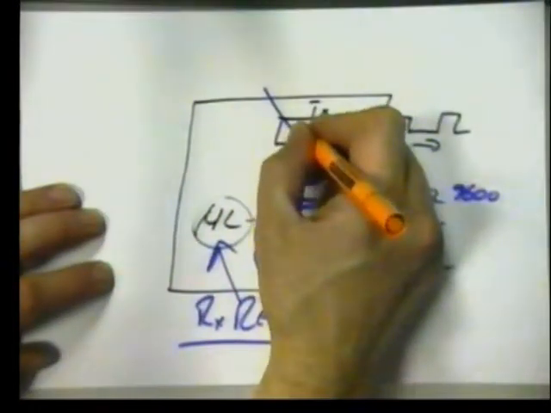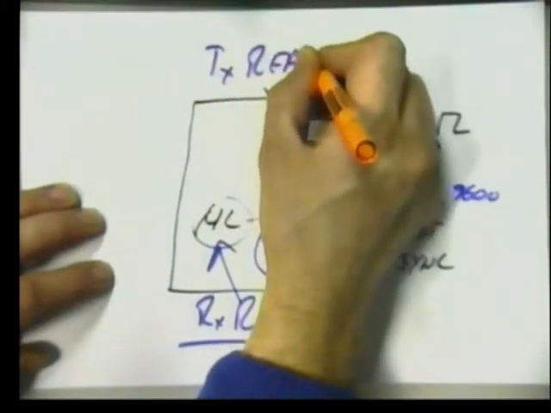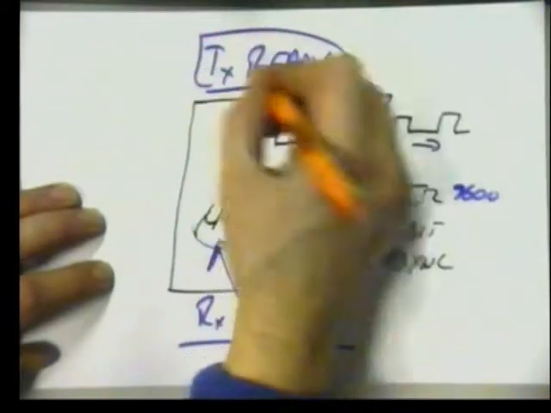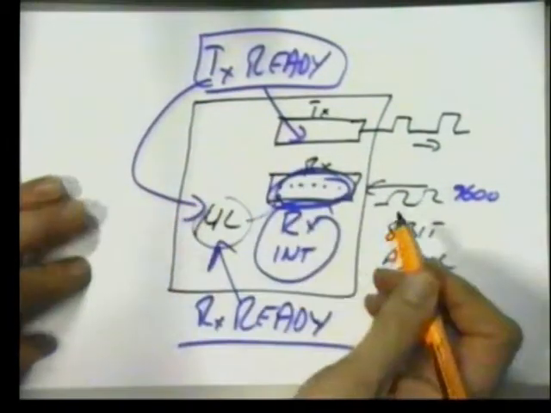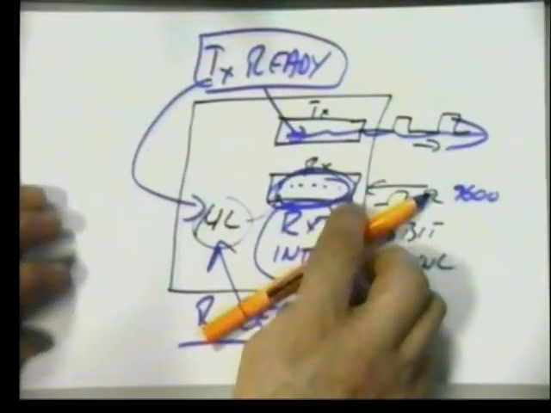What we want is to be told that the last character has gone, that the transmitter is free to accept another character. It's a form of flow control. And so associated with the transmitter will be a transmitter ready interrupt. What that tells the processor is that the last character has gone, and now I am ready to receive another one.